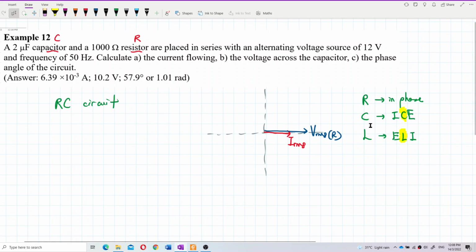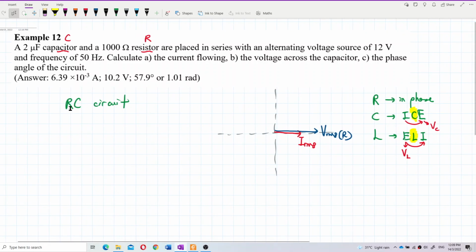For capacitor, the current leads the EMF. For inductor, the EMF leads the current. EMF is like voltage, so this one should be VC, and in LE, the E is VL. So ICE and LE: for capacitor, current leads voltage. For inductor, voltage leads current.